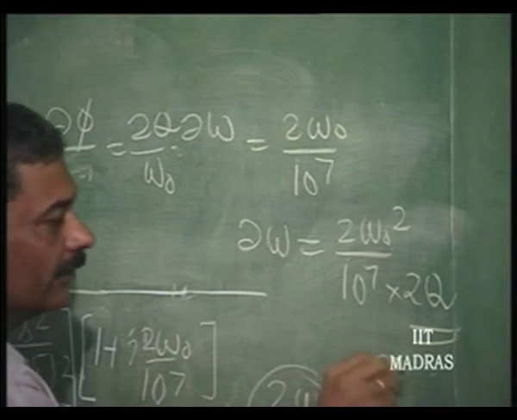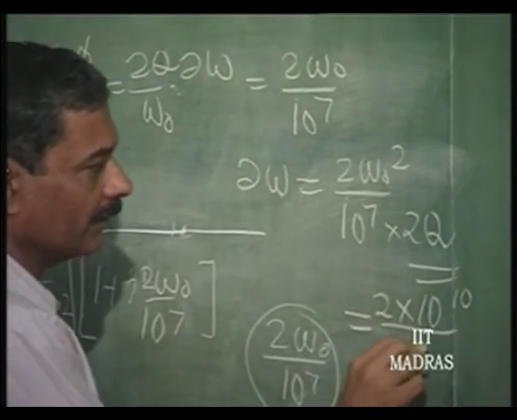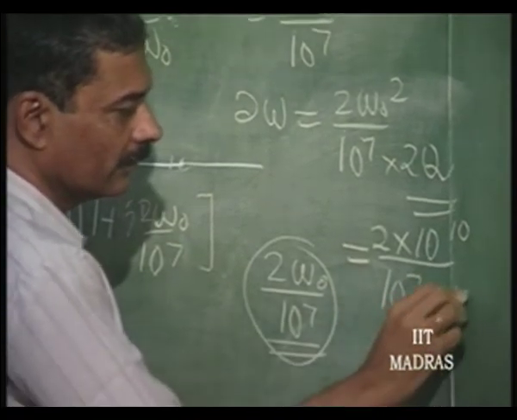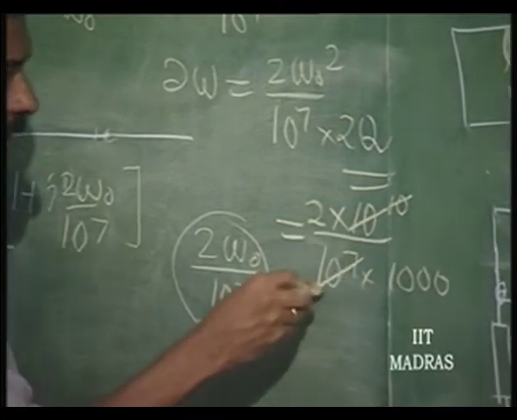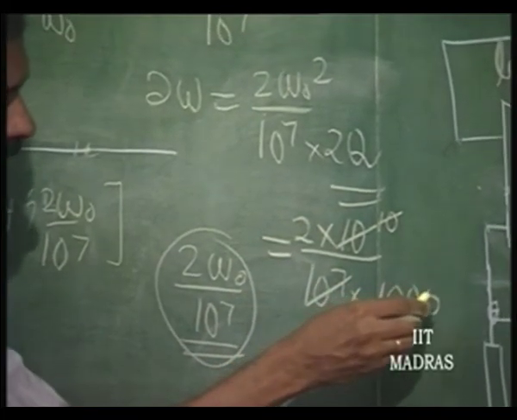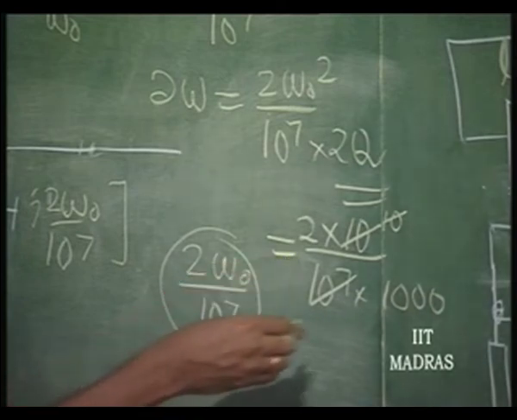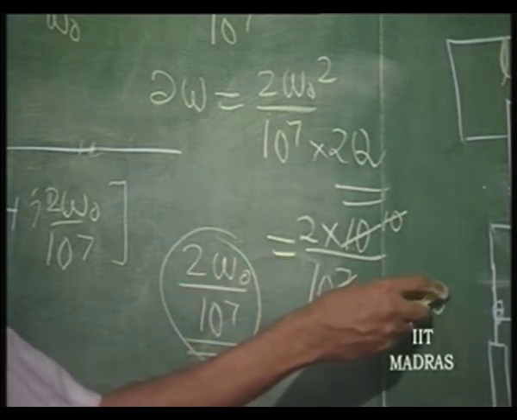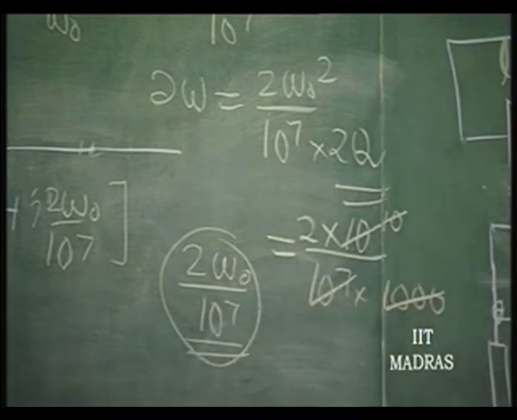In this particular case, you can now substitute omega naught and see, 2 into 10 to the power 10 divided by 10 to the power 7 into 1000, 10 to the power 3, is it 1000, isn't it? So, this is 2 radians per second.